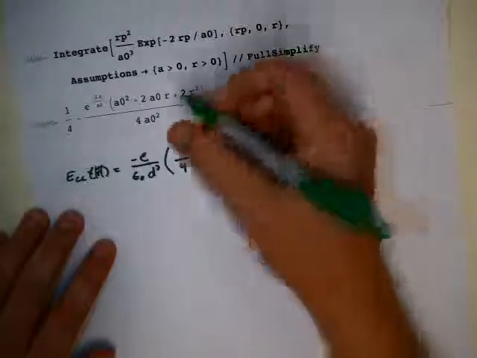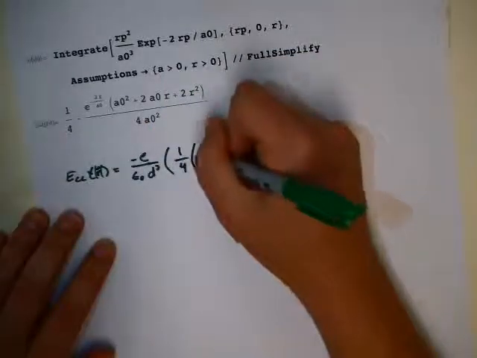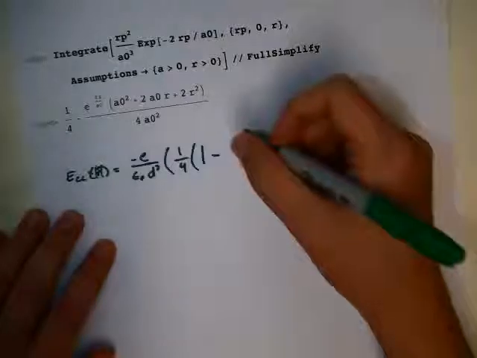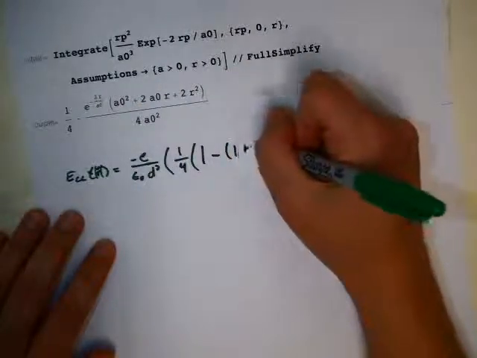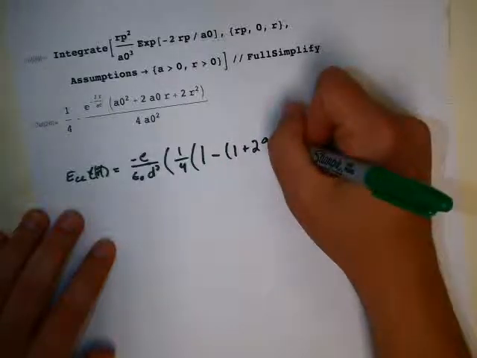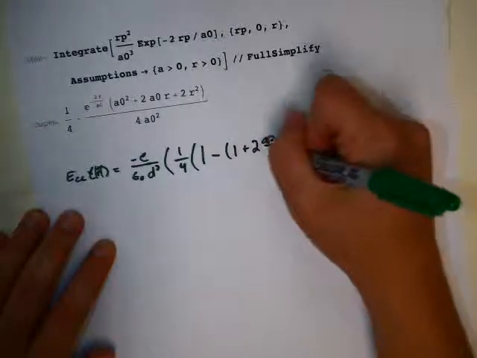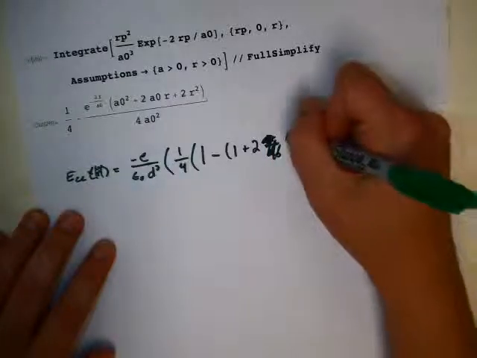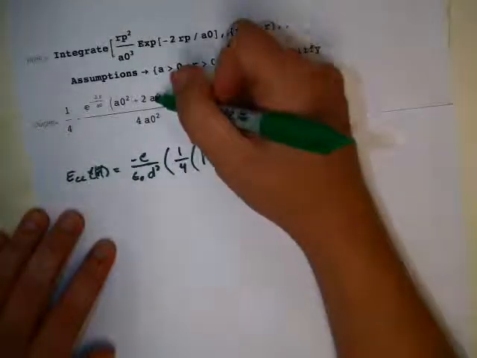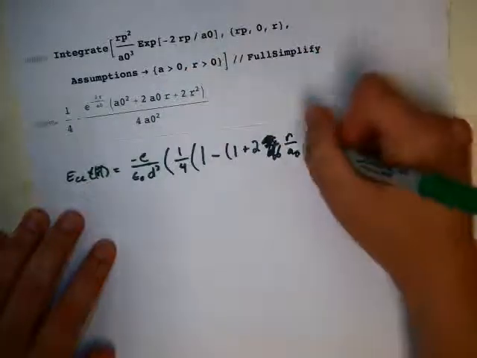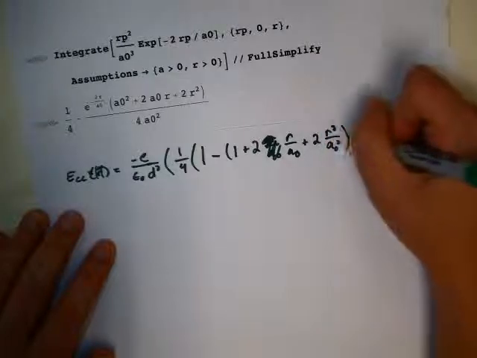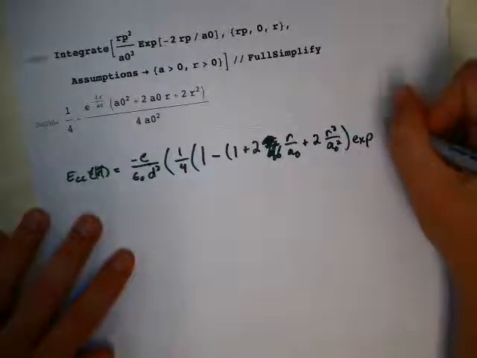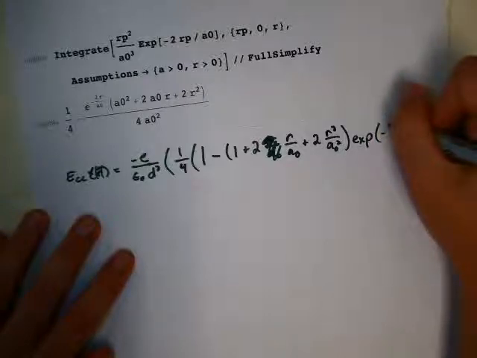The 1/4 will factor out, 1 minus, and then the a naught squared can go in, so this will be 1 plus 2 r over a naught, plus 2 r squared over a naught squared, times the exponential of minus 2 r over a naught.